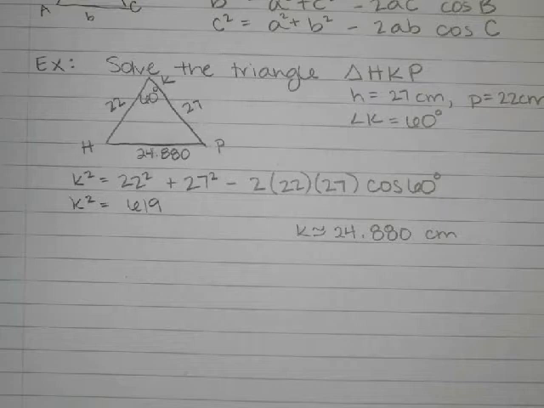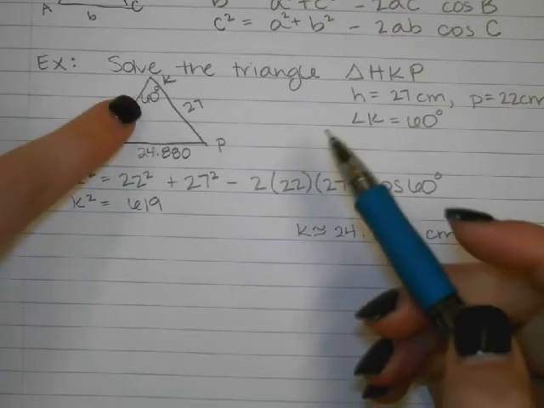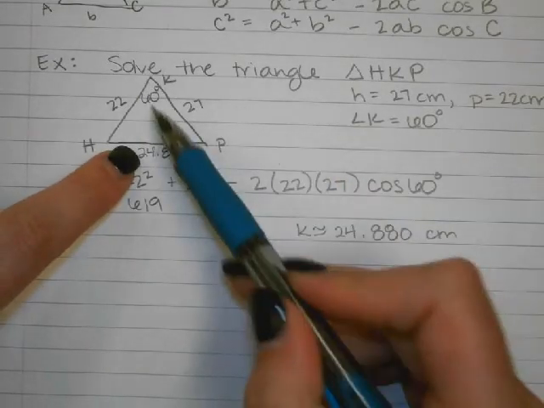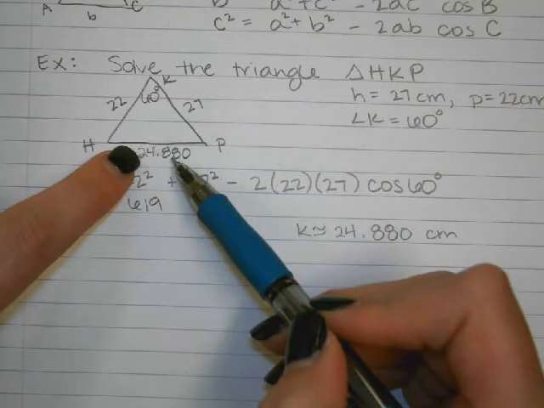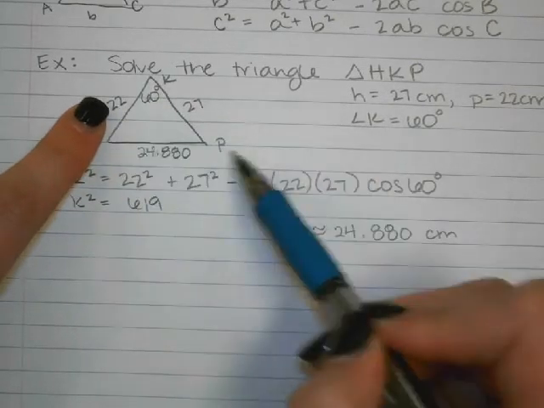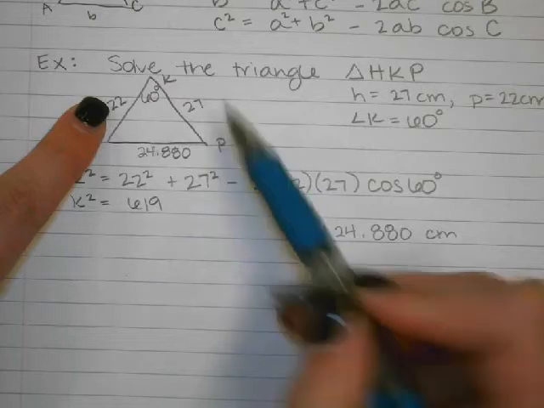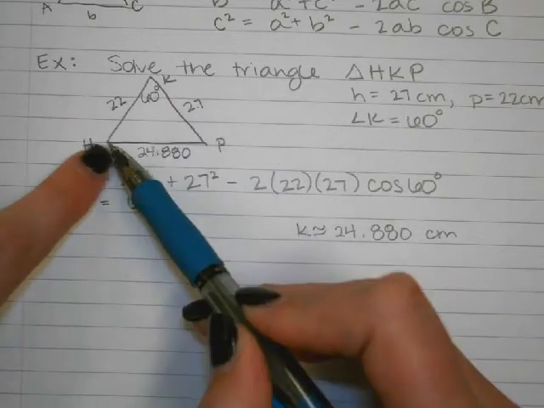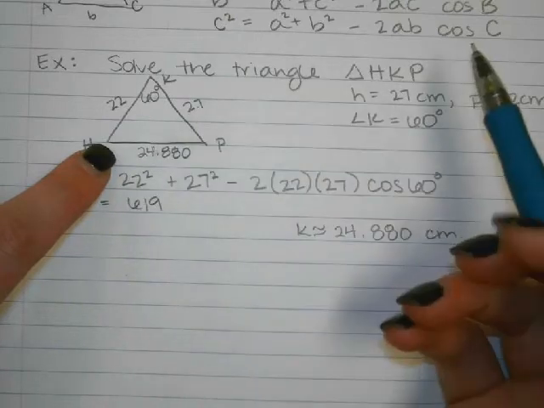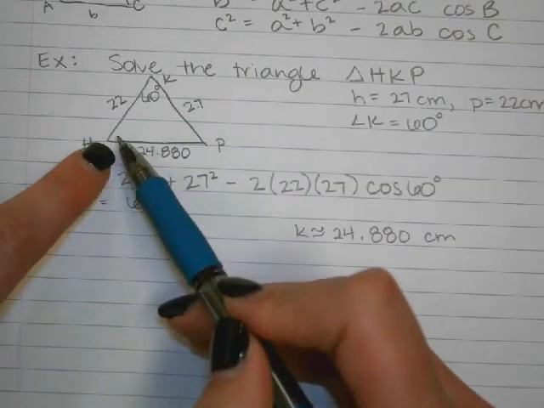So if I look at this, I can see that 60 degrees corresponds to the side that's 24. That was the medium side, and so this must be the medium angle. That makes this the smallest side, and this will be the smallest angle. And so this one is the largest side, and this one is the largest angle. So that means that the next thing I'm going to be solving for is angle H.